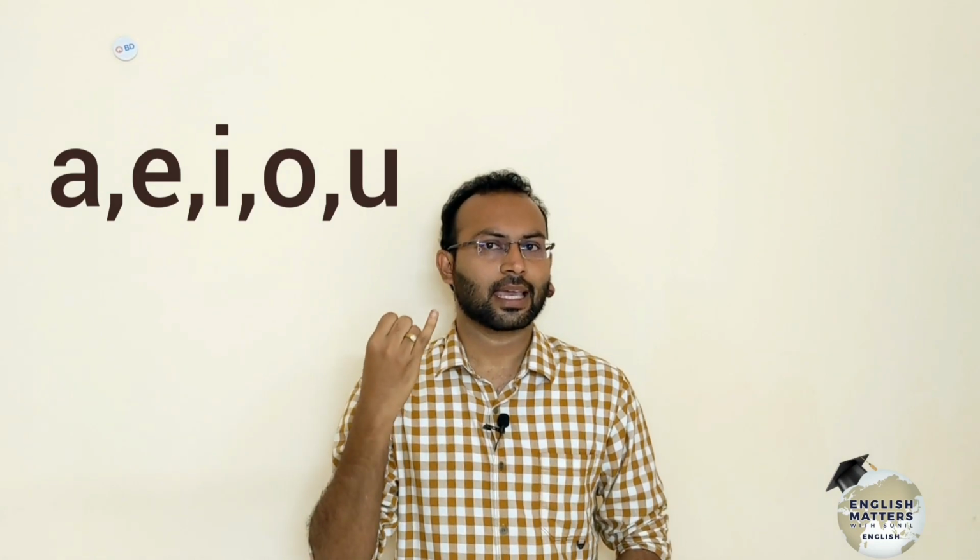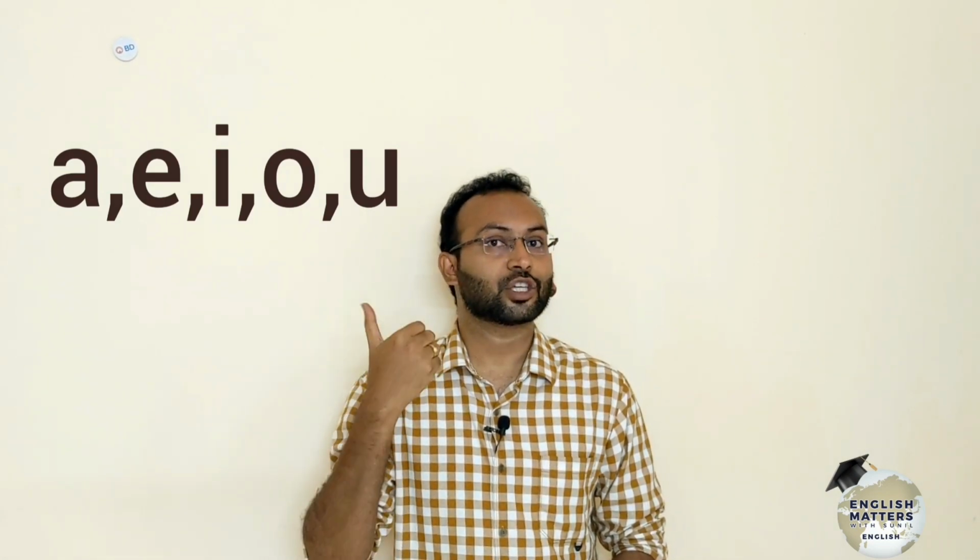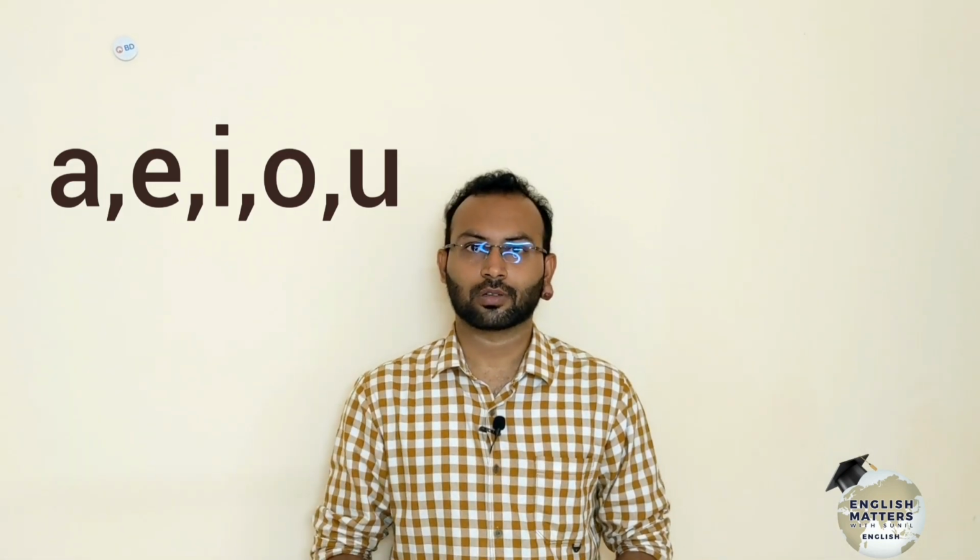What are those 5 vowels? A, E, I, O, and U are the vowels. Let me repeat it for you. A, E, I, O, and then U. These 5 are considered the vowels. Next, what are the consonants?